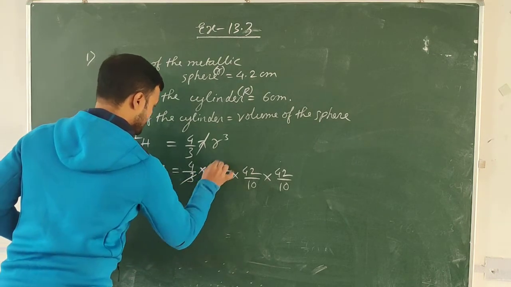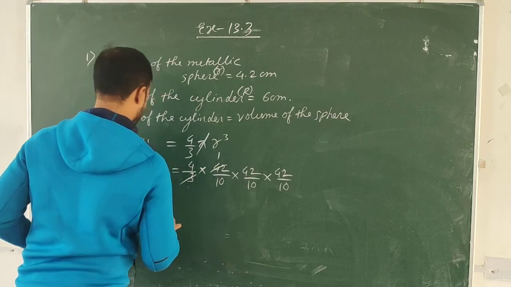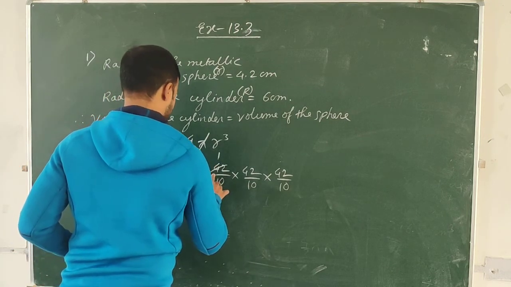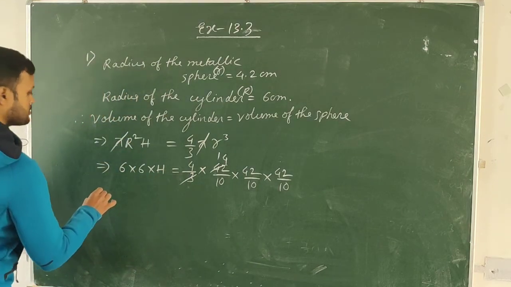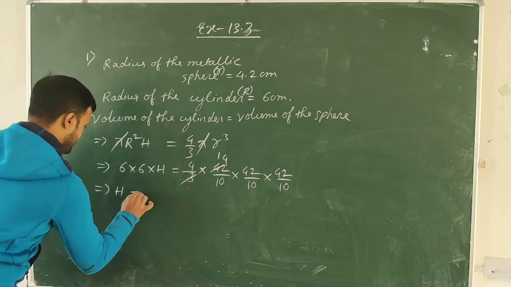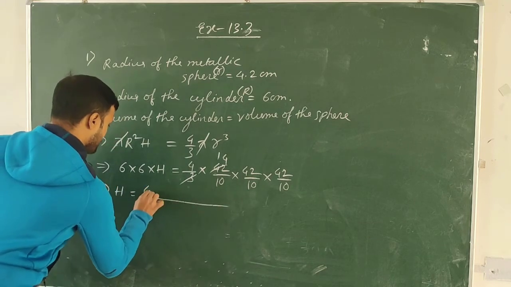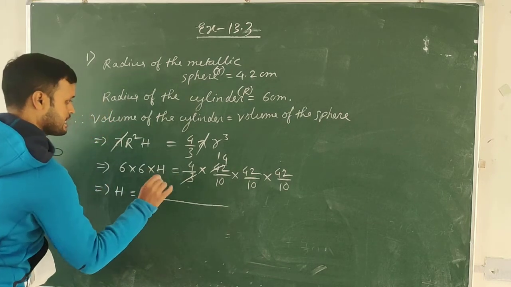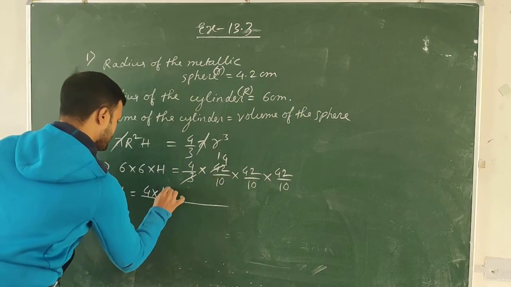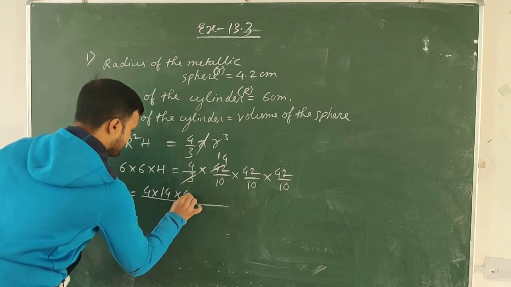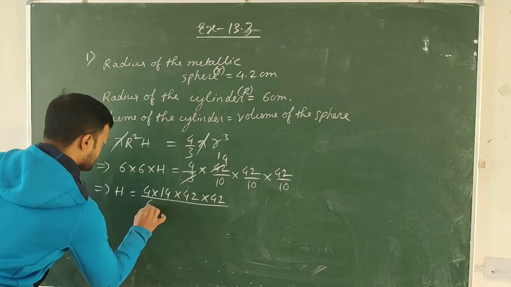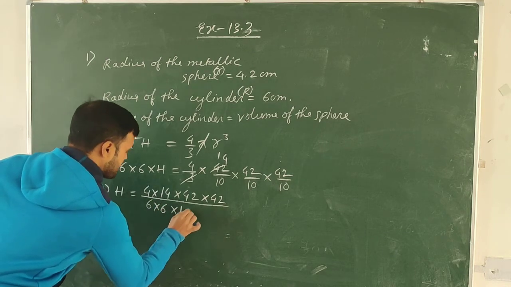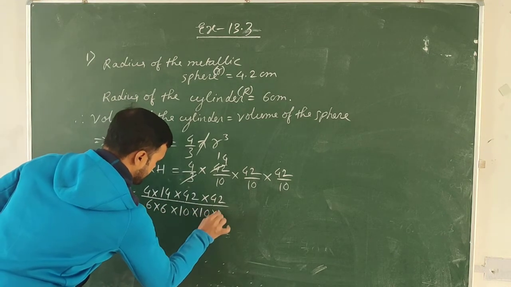This 3 I can cancel. 3 1 3, 3 4 12. I will not multiply all this. H is equal to 4 into 14 into 42 into 42, and below 6 into 6, 10 into 10 into 10.